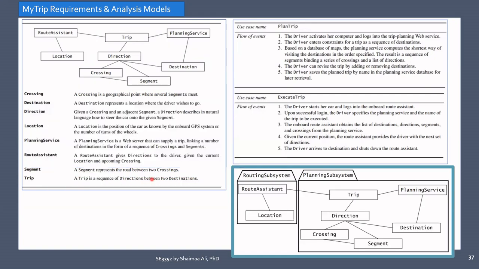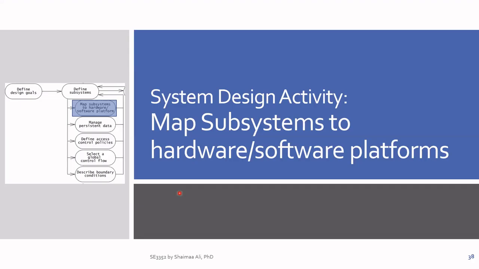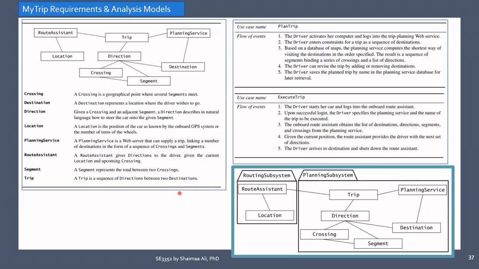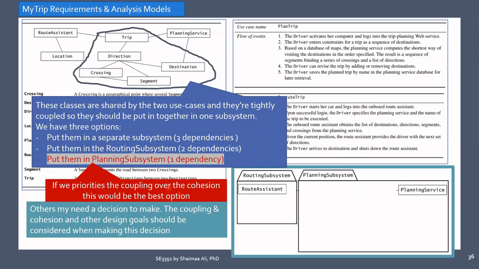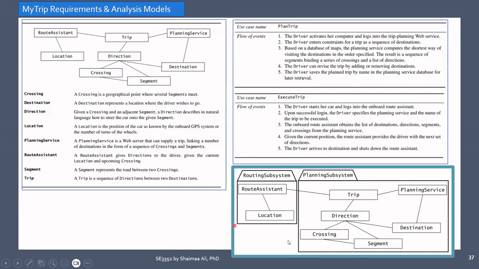If we prioritize the cohesion, we put them in a separate subsystem. The example decision that was made is to prioritize the coupling. So we put them in the planning subsystem, which would have only one dependency between the two subsystems. It's just one example.